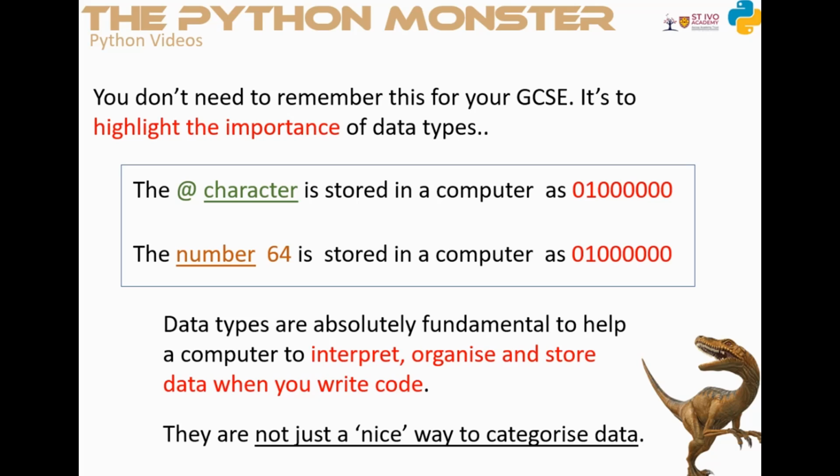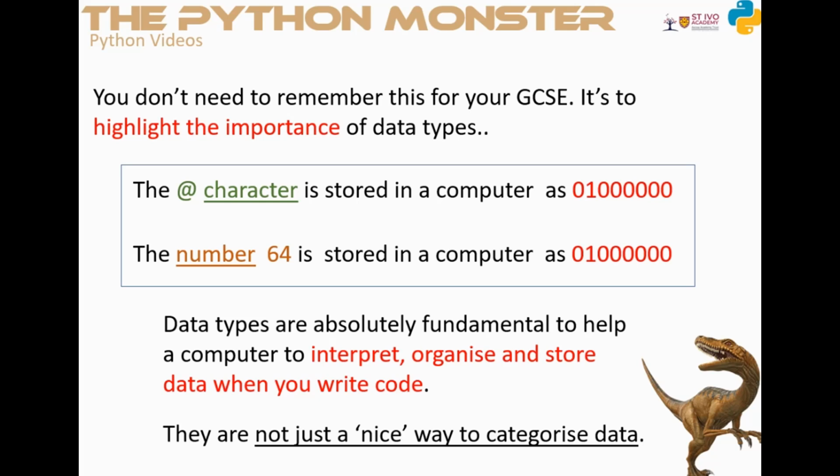So data types are absolutely fundamental to help a computer to interpret, organize and store data when you write code, because without that it would be almost impossible for a computer to understand the context of the data that you're storing. Your computer has no idea the difference between an @ character and the number 64. As far as it's concerned, they are exactly the same thing, represented by 01 and 6 zeros.